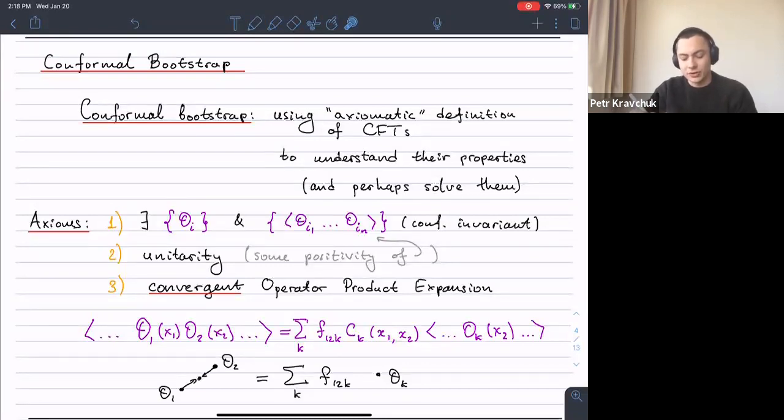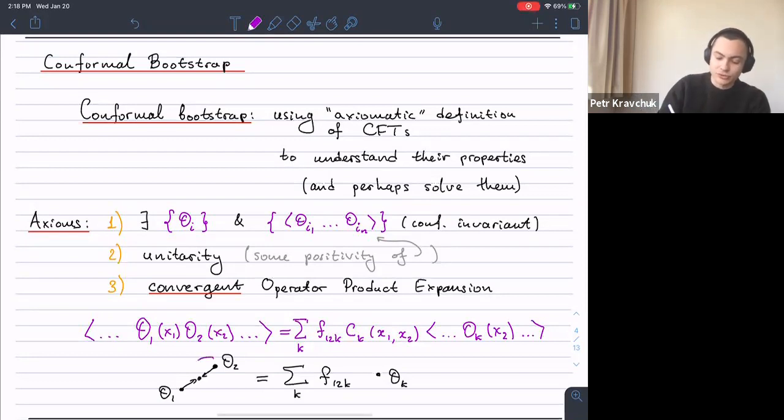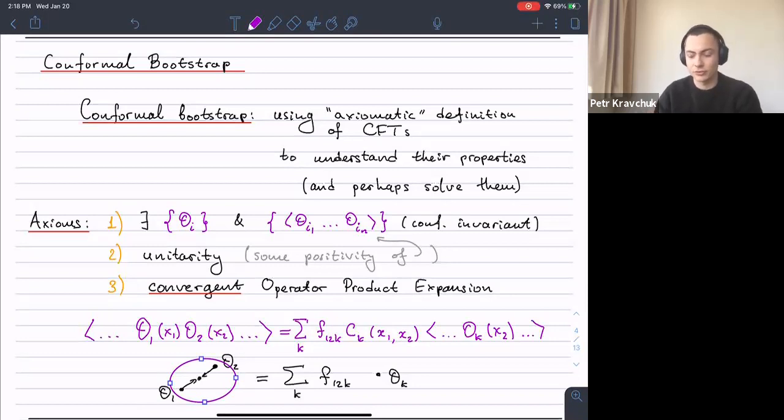The question is really about the radius of convergence. In Euclidean signature, the statement is simple. We expect the OPE to converge at least if we can find a sphere around the place where we want to do the OPE such that no other operators are inside the sphere.